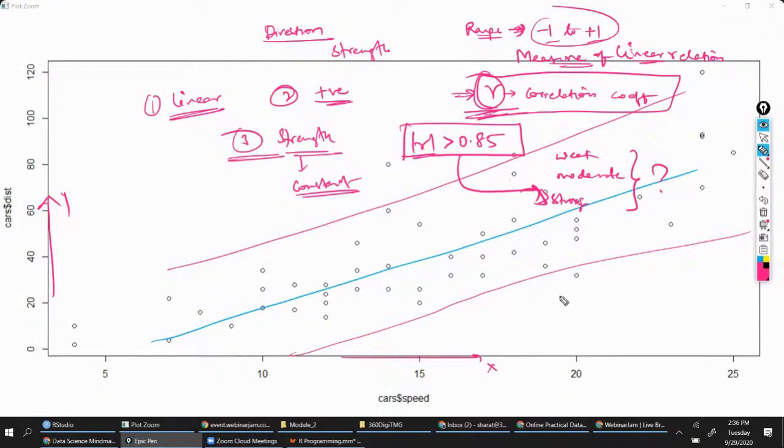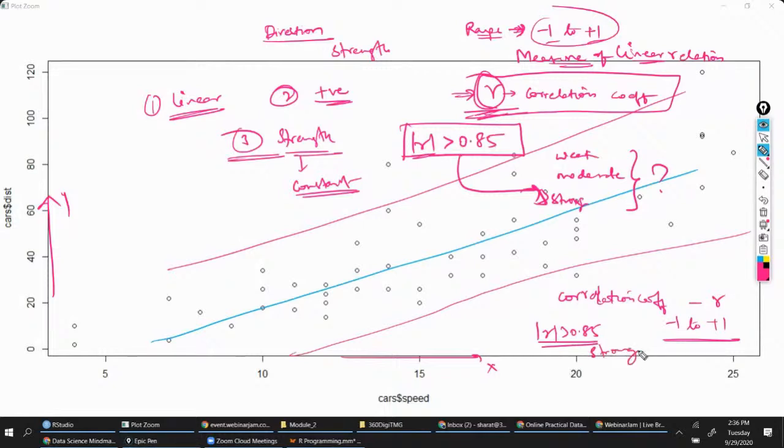So correlation is measured using the correlation coefficient, represented using small r. The range is -1 to +1, and anything greater than modulus 0.85 is strong.